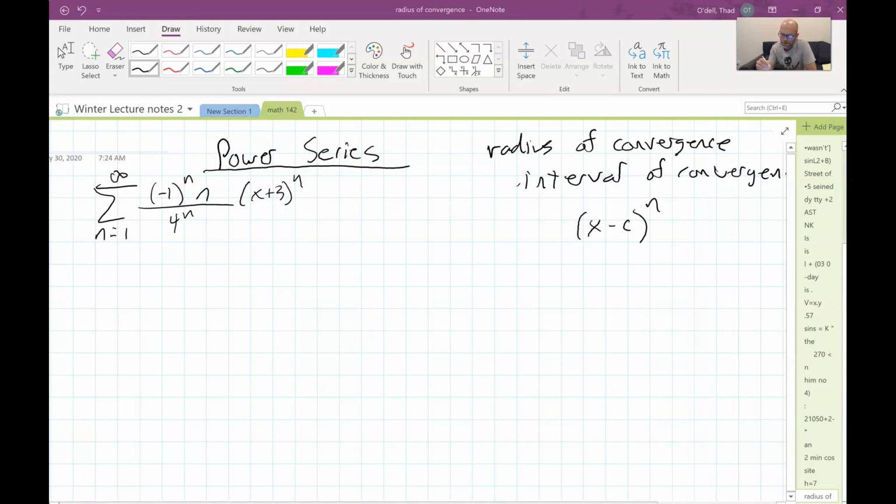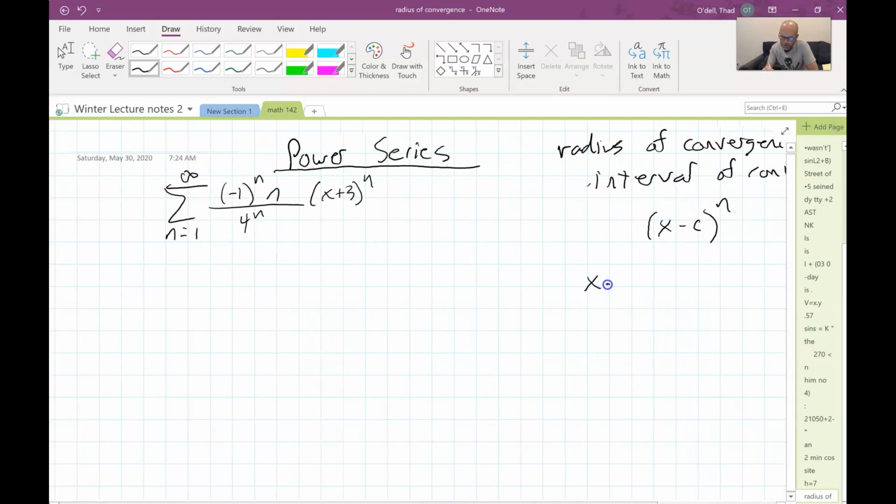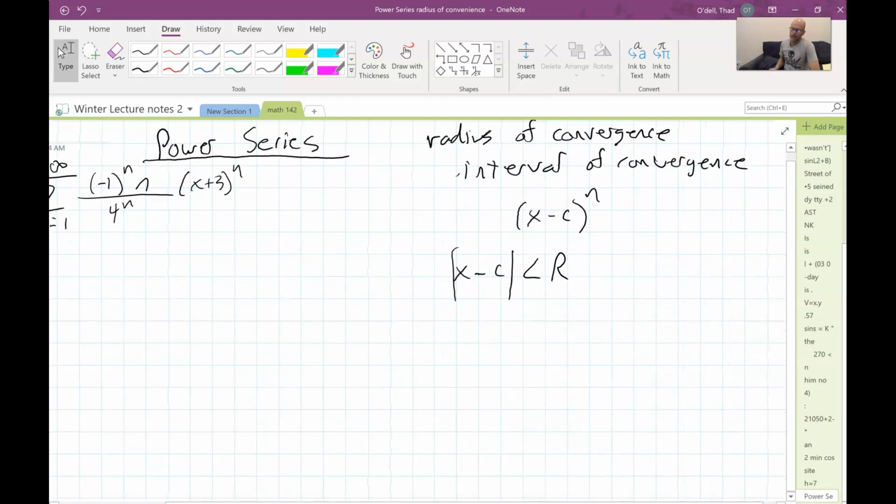The radius of convergence is, so C is the center of this power series. So the radius of convergence would be how far from C can I go and still have convergence. So the way we represent that is the absolute value of x minus C has to be less than some r. So the r would be the radius of convergence.